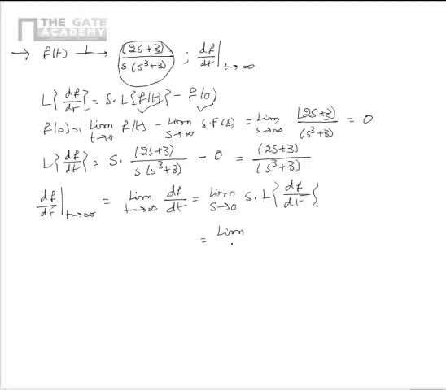Upon substituting for the Laplace transform of df by dt, we see that df by dt as t tends to infinity gets simplified as limit s tends to 0 s into (2s plus 3) divided by (s cube plus 3), which upon simplification becomes 0. From this we see that the value of df by dt as t tends to infinity for the given f of t is 0.